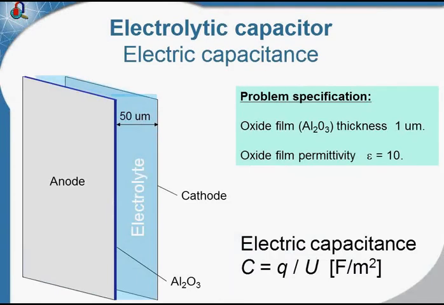So this is the small piece of my electrolytic capacitor. I have the anode foil, the oxide layer, the electrolyte, and the cathode foil. And my task is to calculate the electric capacitance.